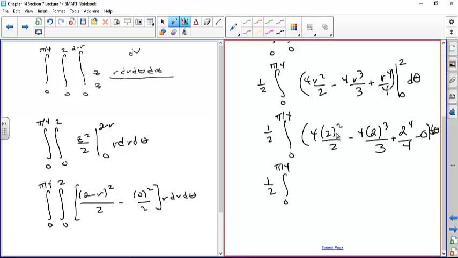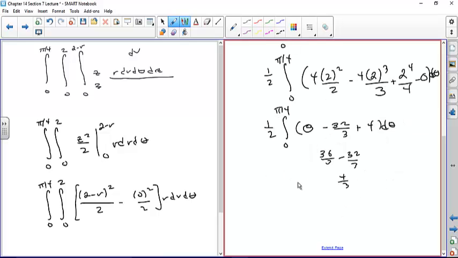This is 16 halves, which is 8, minus 32 thirds, plus 16 over 4, which is 4, d theta. So that's 12. 12 is 36 thirds minus 32 thirds, which gives me 4 thirds.